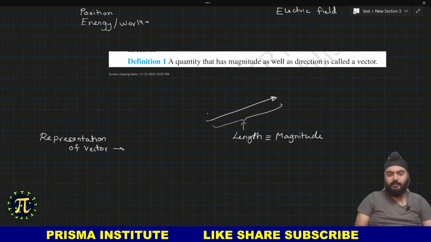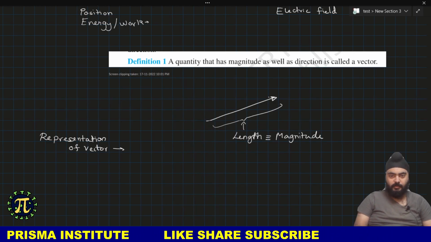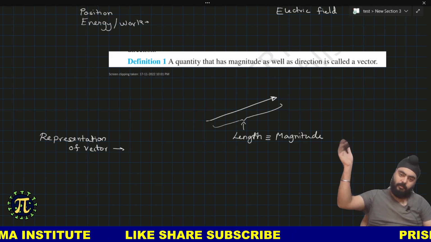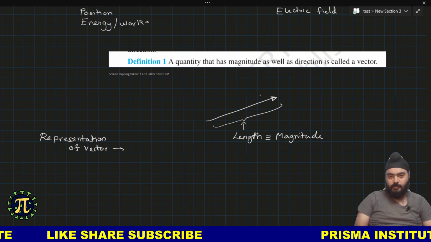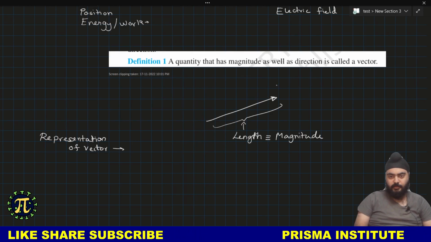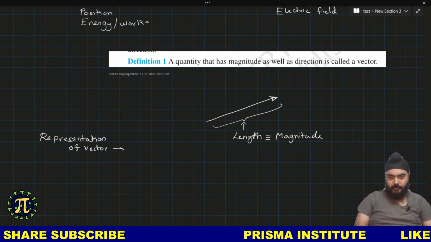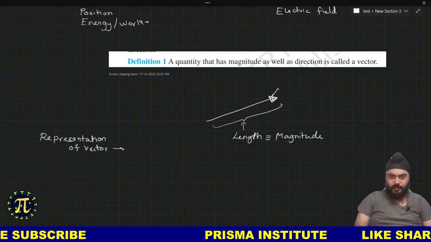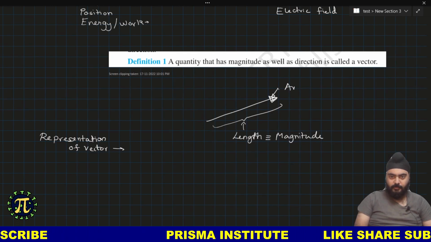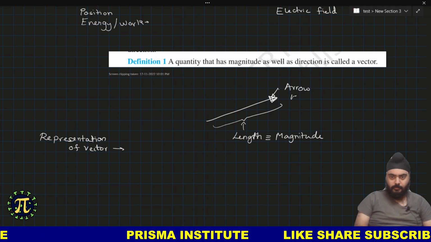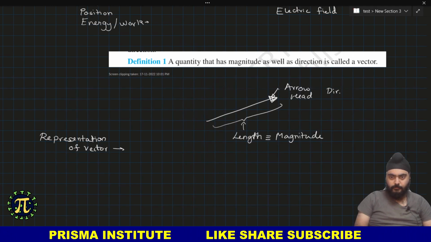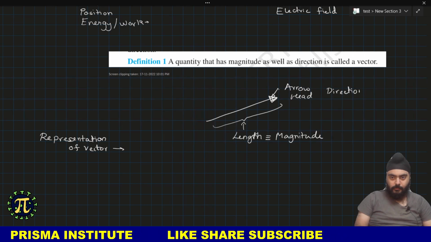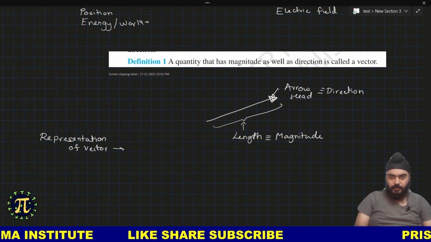Of course, this line can have two directions, facing this way or this way. The direction is represented by where we draw the arrowhead. So the arrowhead represents the direction. This is how we can draw a vector.